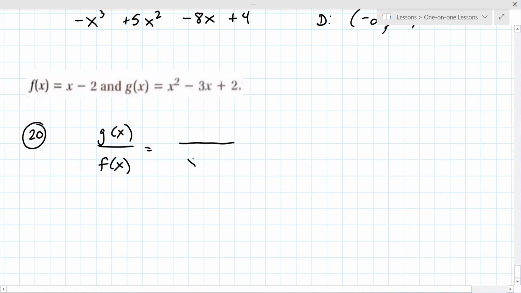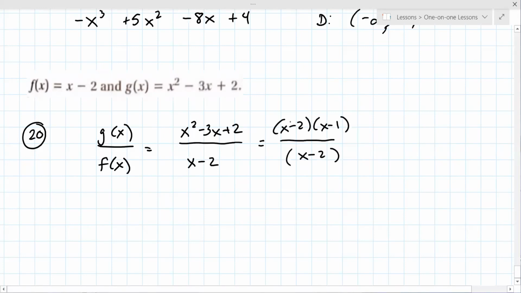So f of x is x minus 2, and g of x is x squared minus 3x plus 2. Just looking at this over, I don't think your instructor wants you to do this, but this factors into x minus 2, x minus 1, over x minus 2. So these actually cancel and you get x minus 1.